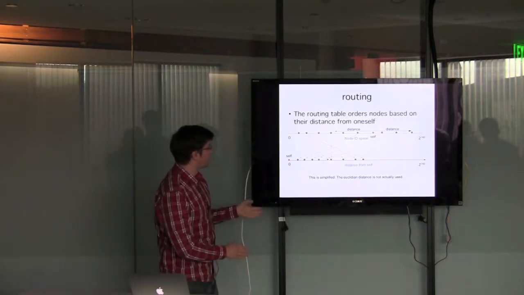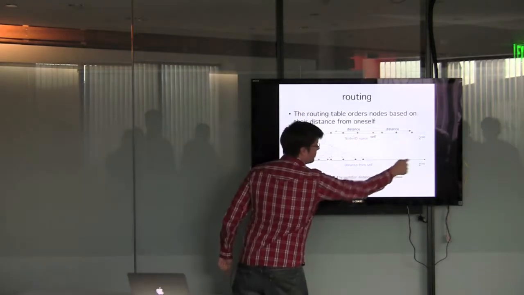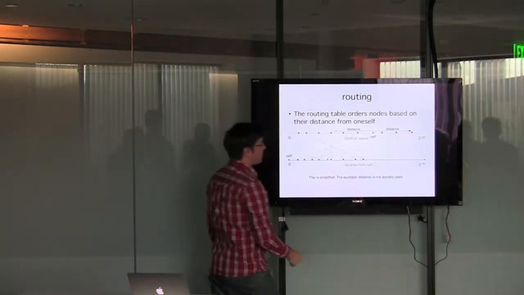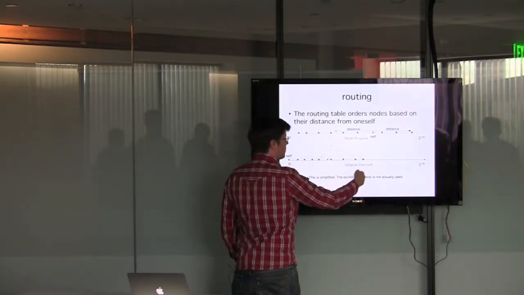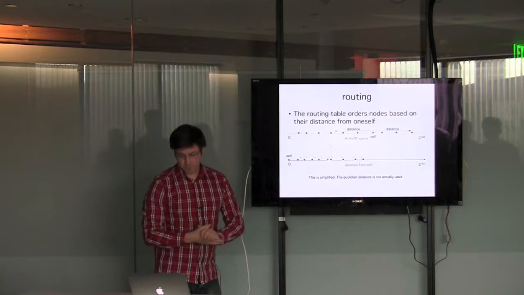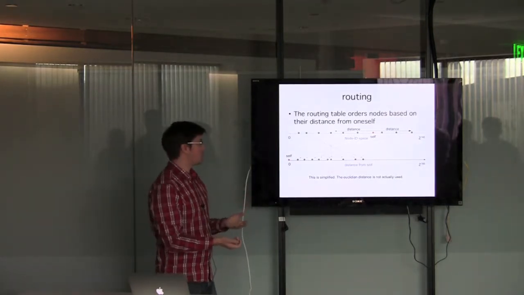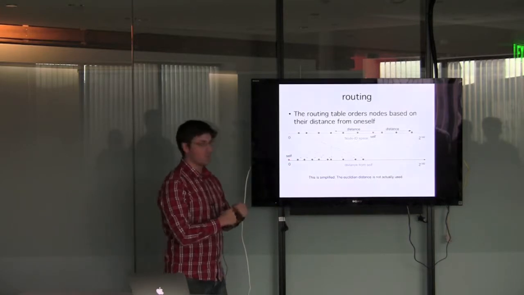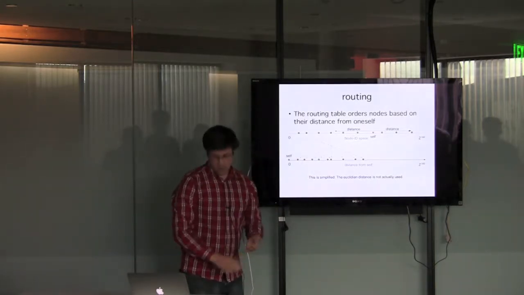The main problem with this is, as you might notice, this whole space is empty. There are no nodes over here, because if we were to end up in the middle, for instance, only one half of this distance space would be entirely empty. So we don't have this nice property of nodes being uniformly distributed from our point of view, unless we are in one of the extremes.